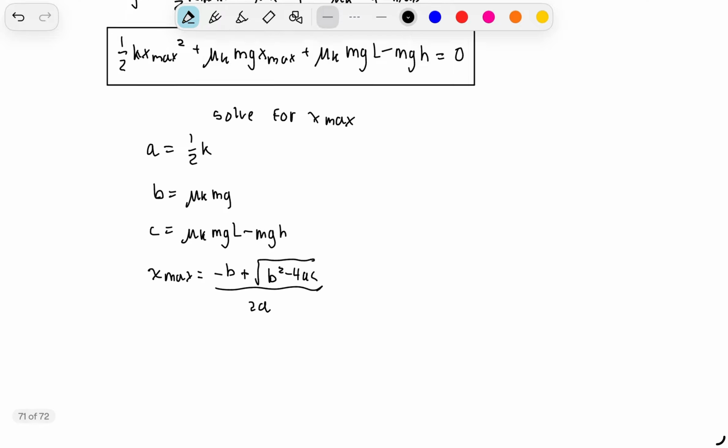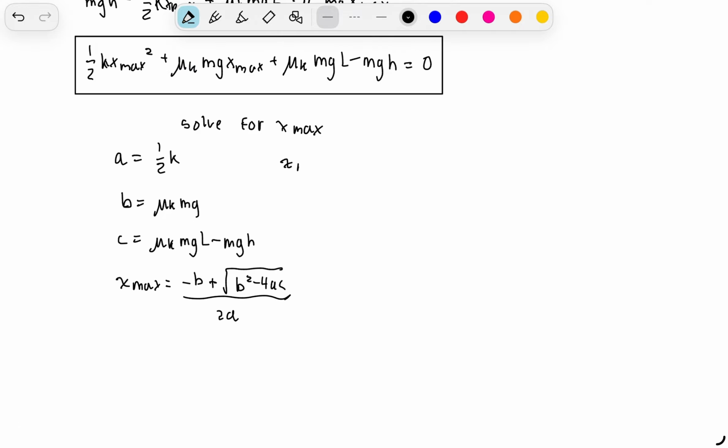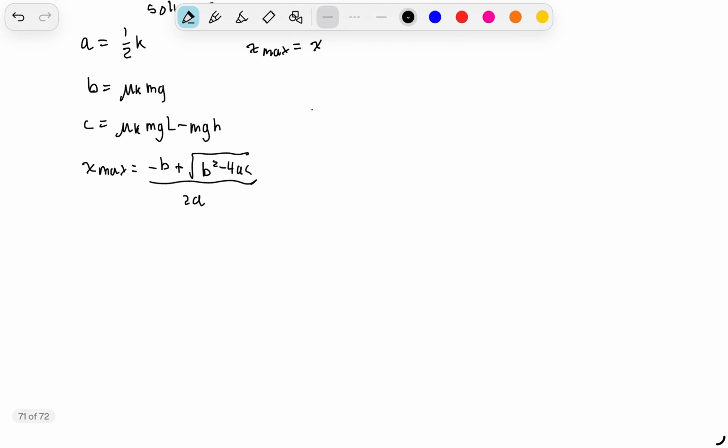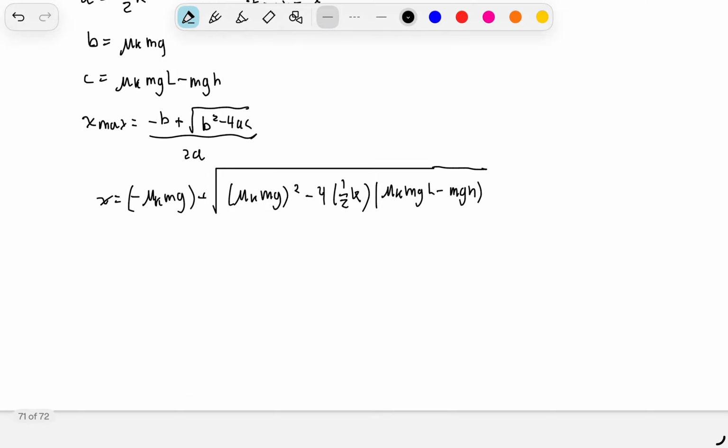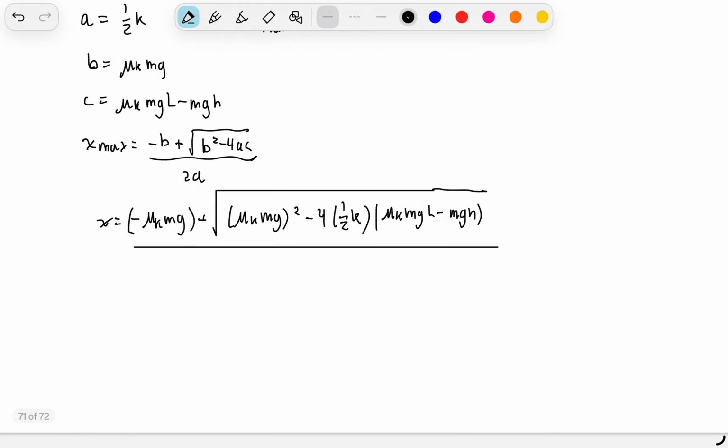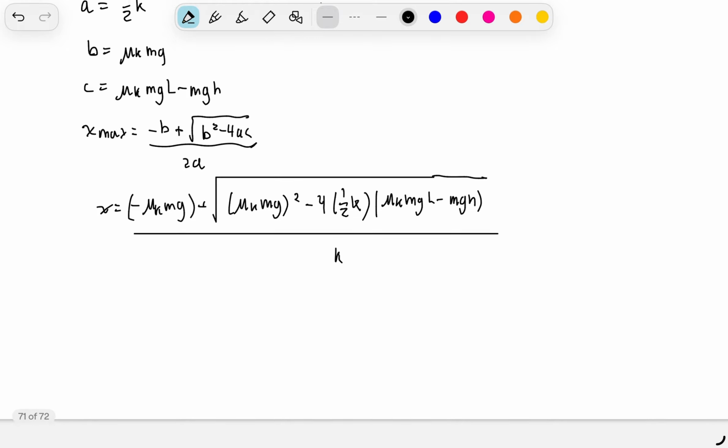That's because our X maximum is equal to our X in this scenario. So then if we have our quadratic formula, X is equal to negative mu K mg plus the square root of mu K times mg squared minus 4 times 1/2 times K times mu K mg times L minus mg times h, and you can divide all of this by your spring constant K. That is going to be our answer.